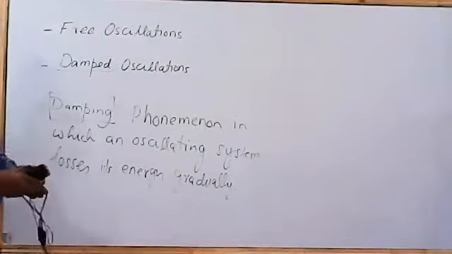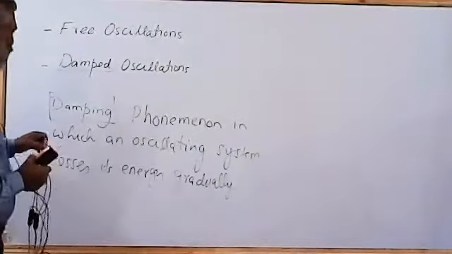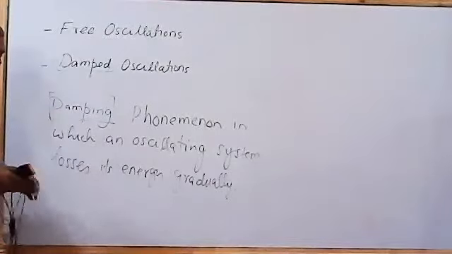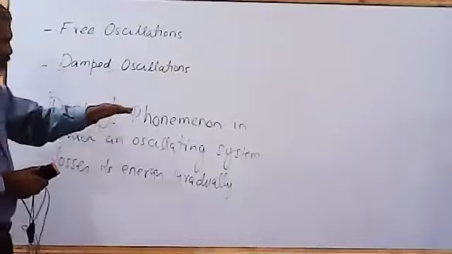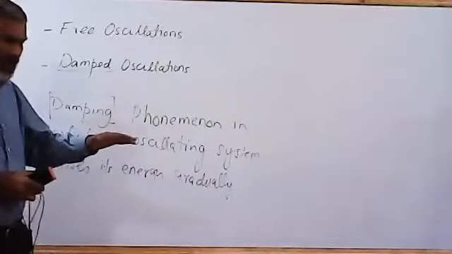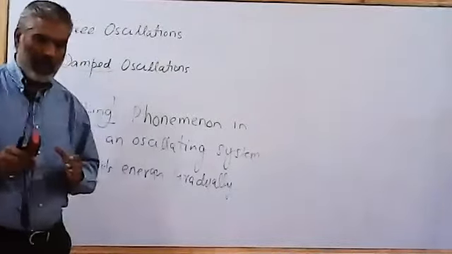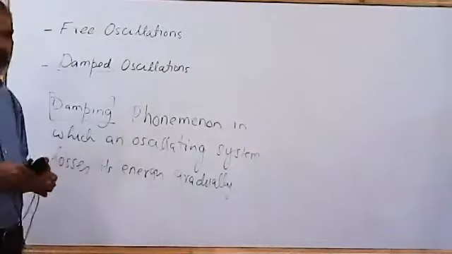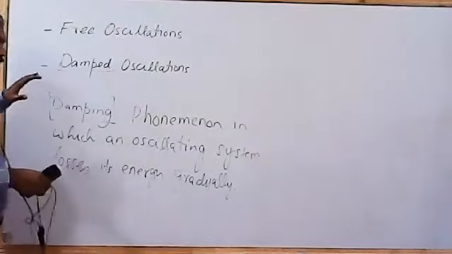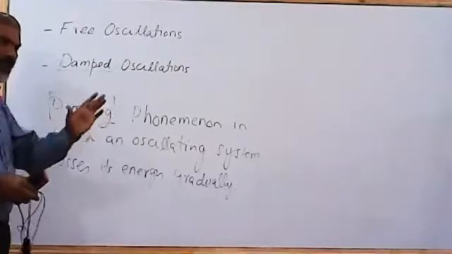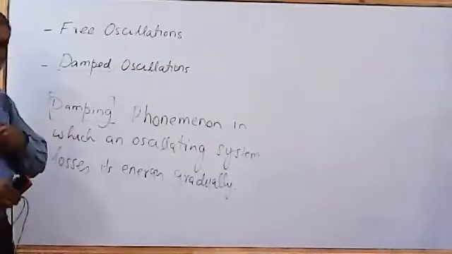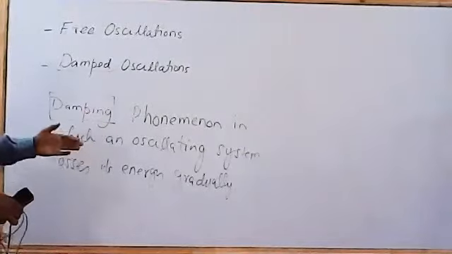And we'll discuss later on that damping may be light damping. The system goes on losing its energy gradually, but by very small amounts during each oscillation. Apparently it may continue oscillating for a very long time, and after hours of oscillating it comes to rest.